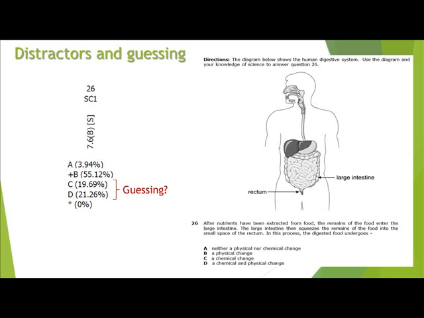In some cases, there may be a high frequency of students selecting several of the incorrect answer choices, which may indicate a high level of guessing. In this example, approximately 20% of students chose answer choices C or D, and only 55% answered the question correctly. However, it should be considered that up to 20% of students tested may have actually guessed their way to the correct answer choice, which reduces the number of students who actually knew the answer.